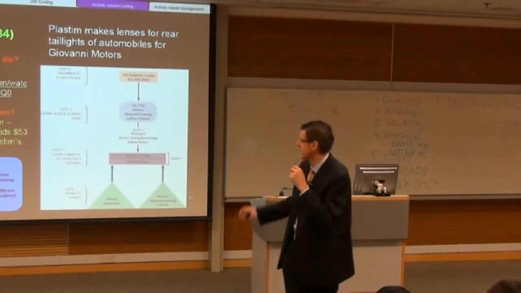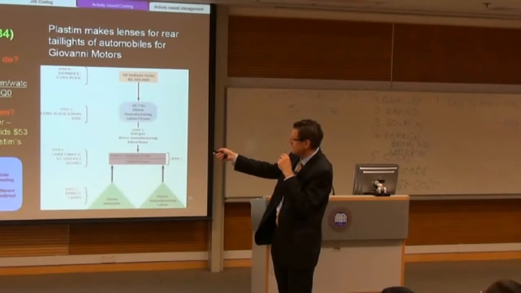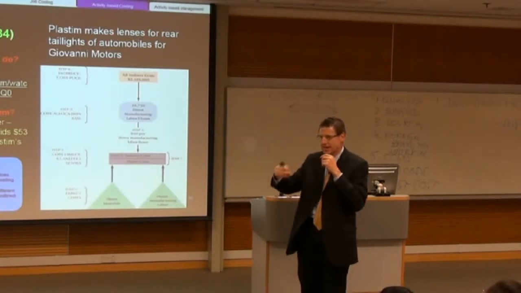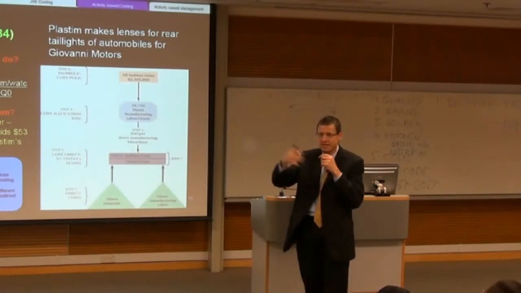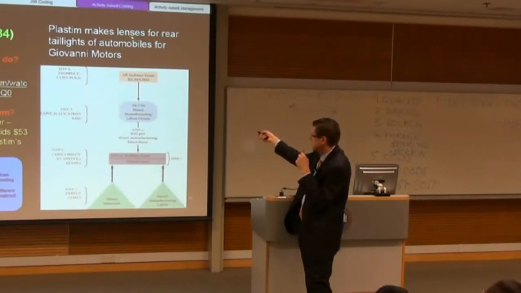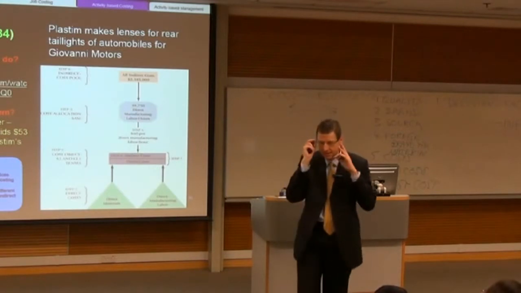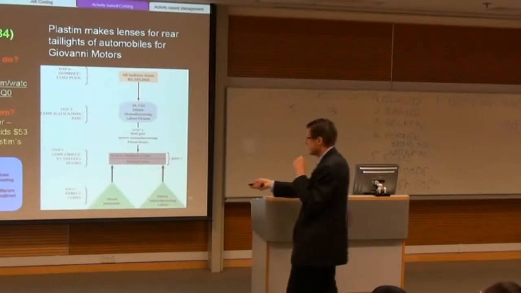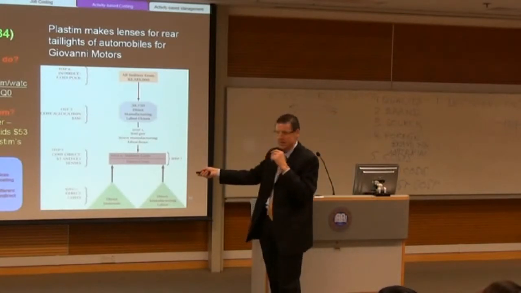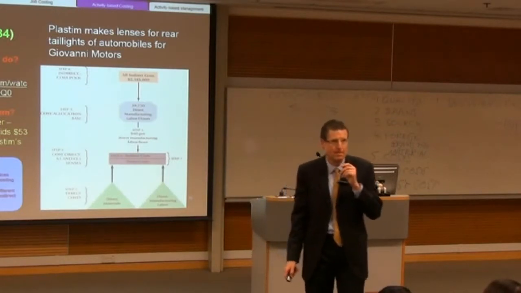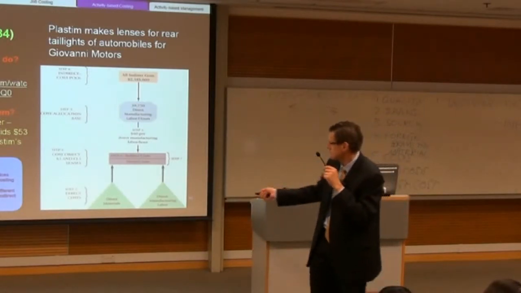Very expensive. So Plastim actually makes lenses. It's just a little plastic lens that goes in part of the tail light, not the whole light. They make the lens, and the simple lens, they're selling it to their customer. How much are they selling it to the customer for? $63. Circle that. You with me here?